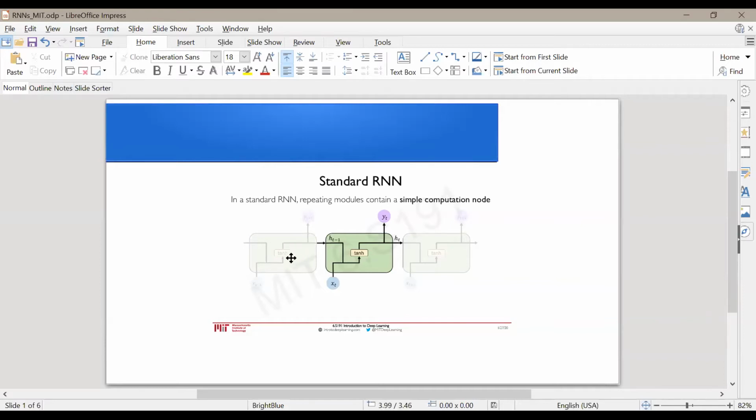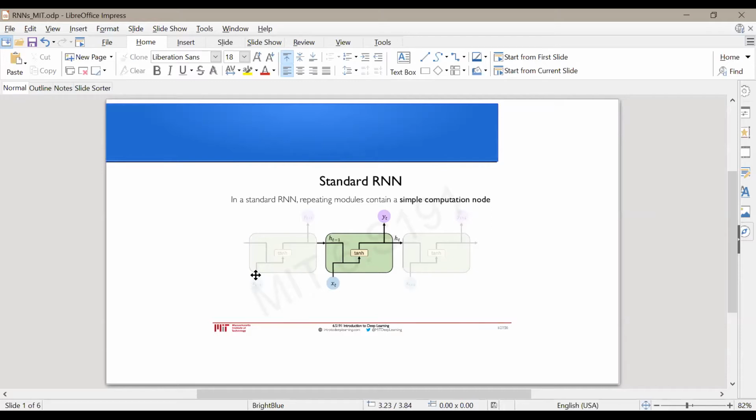Recurring means that it occurs one after the other. So we can visualize this set of fully connected neural networks along a line. There's a bunch of them connected like this, and each one gets the hidden state from the one before it, and takes another input and produces another output. It's a set of repeating fully connected neural networks.